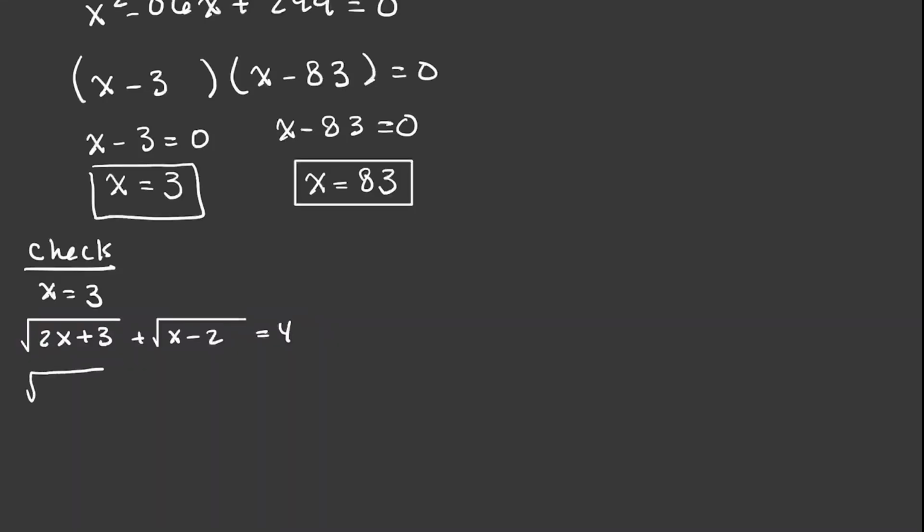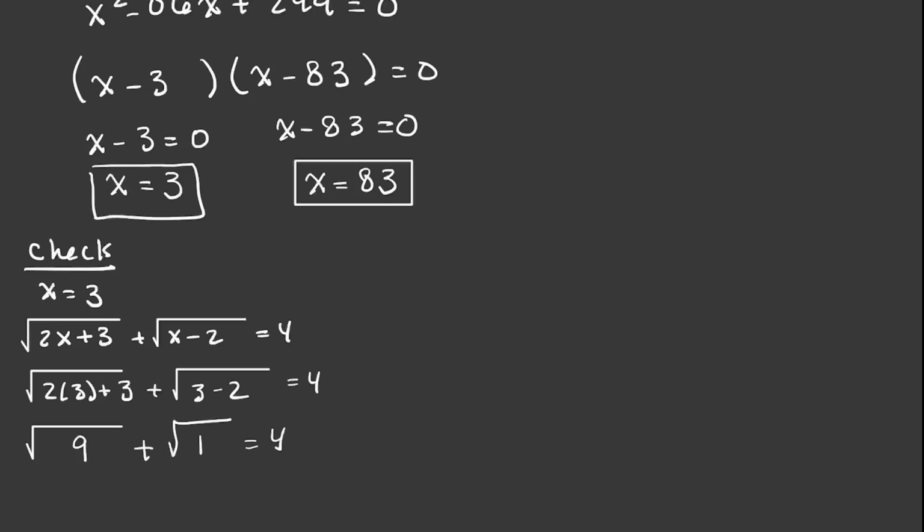So the square root of 2 times 3 plus 3 plus the square root of 3 minus 2. We need to check if it's equal to 4. So now here I would have 2 times 3 is 6 plus 3 is 9. 3 minus 2 is 1. The square root of 9 is 3 plus 1 equal to 4.